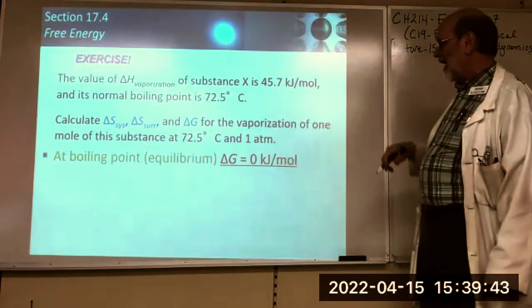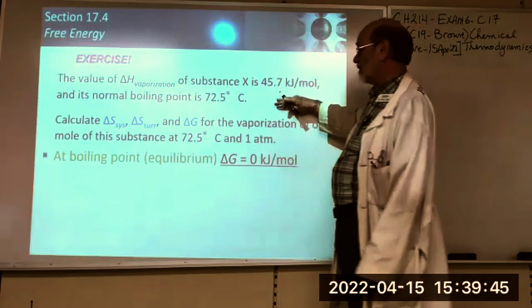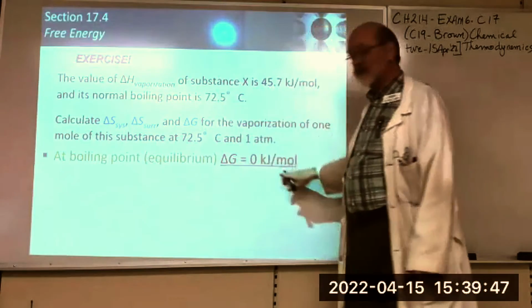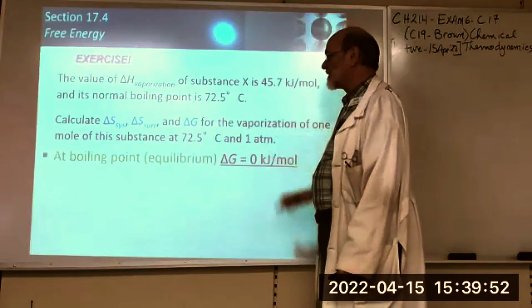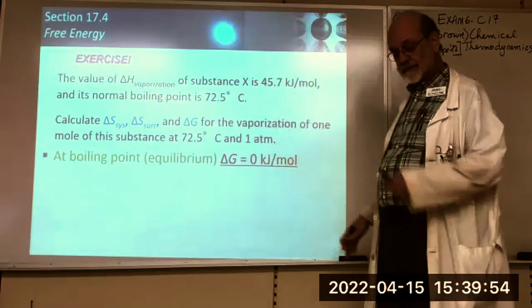If it's at the boiling point, then delta G has to be equal to 0. There's no other possibility. It's at equilibrium as long as it's boiling.